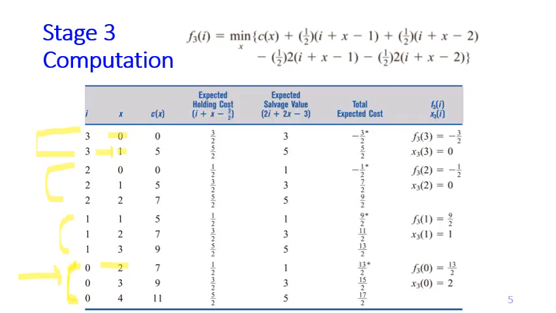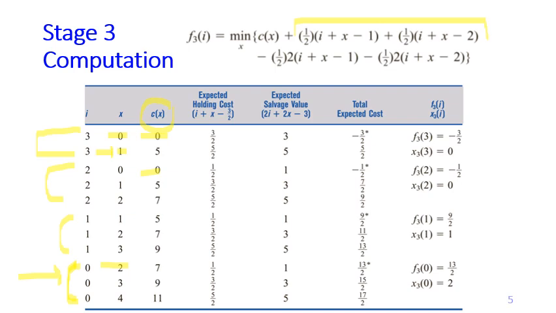Now for each decision, you calculate the production cost, 3 plus 2x for x greater than 0. If x is 0, then cx is also 0. And the expected holding cost is from this part here.